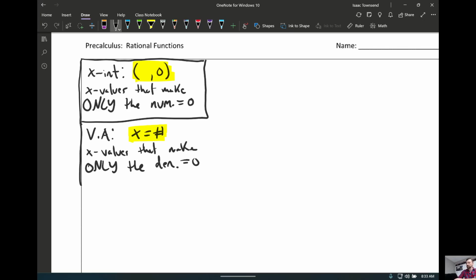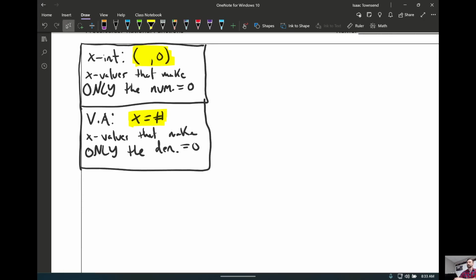Again, only is important because if it makes both, it's not a vertical asymptote, it's a hole instead. Again, I know you have these definitions on the other page. I just want this one big box to be one location for all of the things.